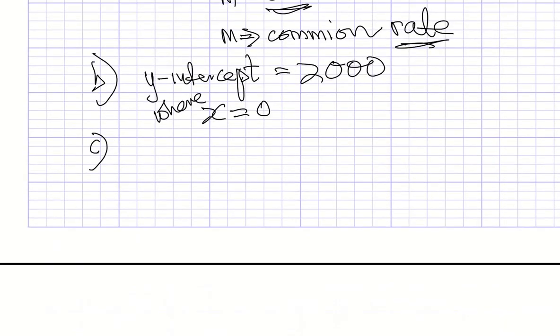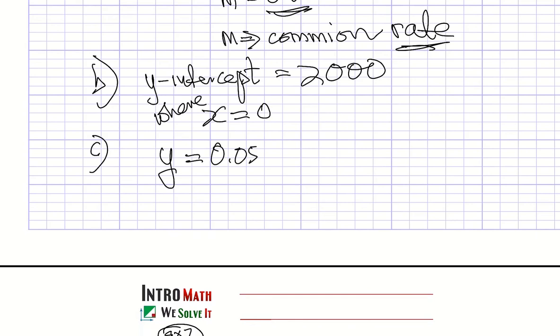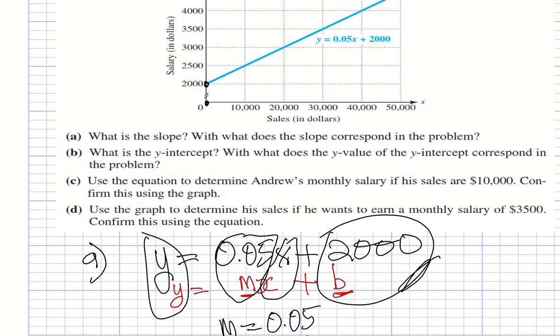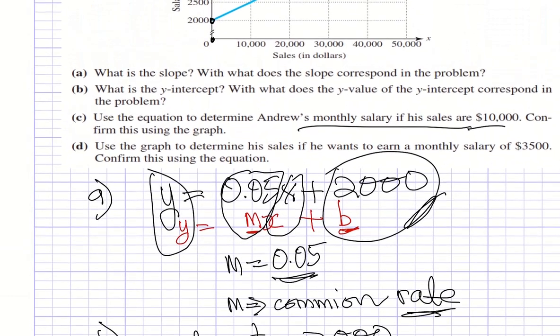This is the equation here: 0.05x plus 2,000. So they're basically saying that if his salary is 10,000, which is the y axis, if y is equal to 10,000, then what is x?